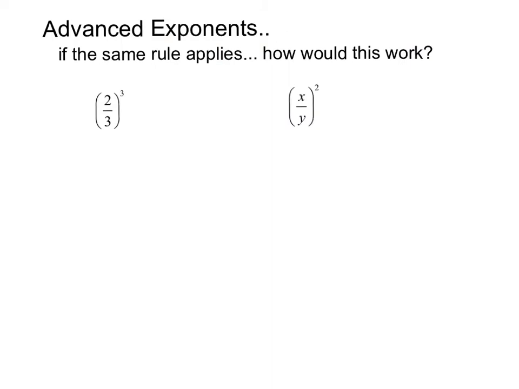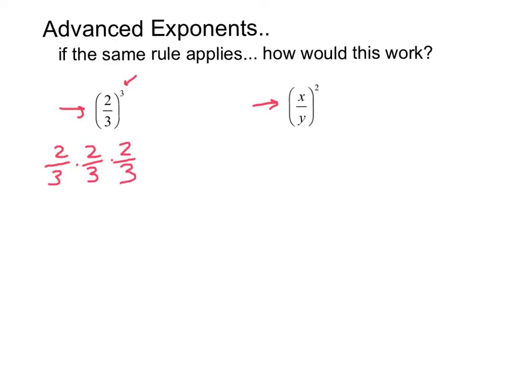Now, an exponent is an exponent is an exponent. And so if we take a look at these more advanced examples, we can see that the same rules apply no matter what the base is. In this case, we're dealing with bases that end up being fractions. Now, we've talked about fractions a lot and how fractions really work. If we use the same rules that we did in the last slide, we can say that 2/3 to the power of 3 is the same thing as 2/3 times 2/3 times 2/3.